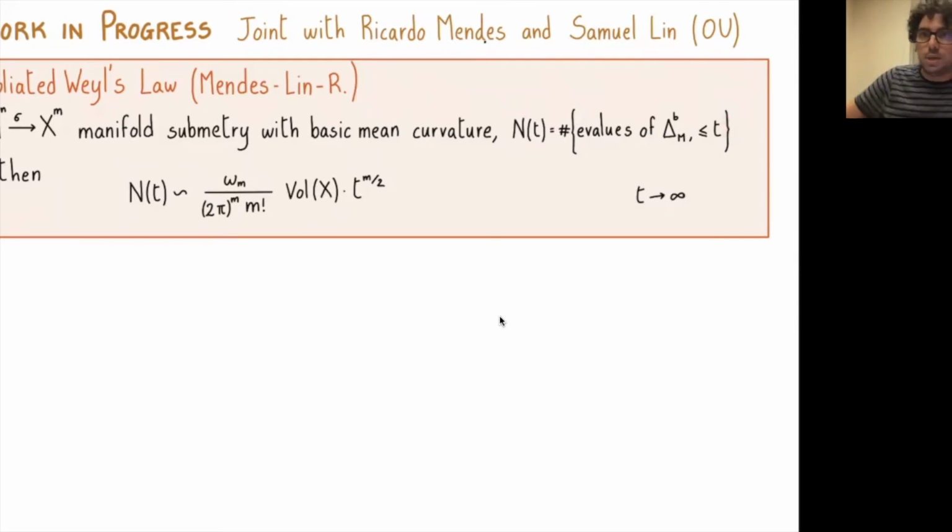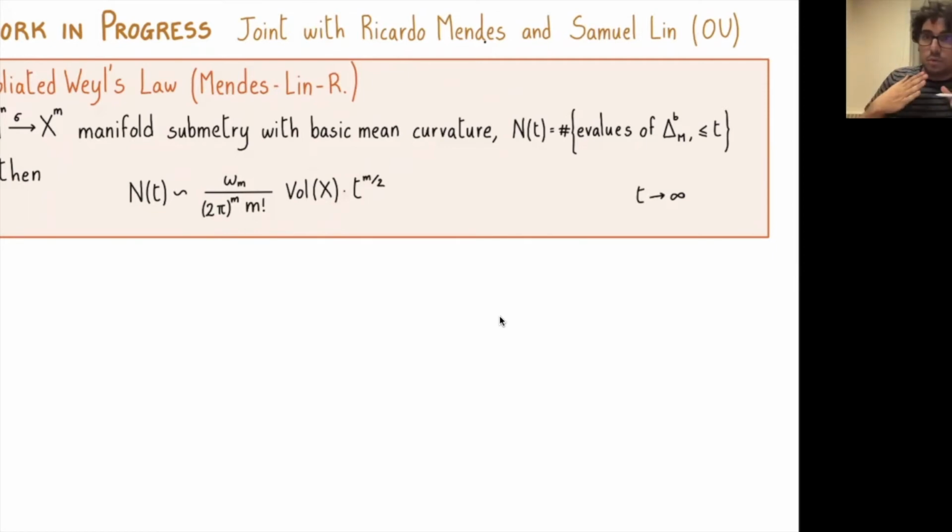The behavior is the same as the usual Weyl law, where this function just behaves like a power of t, and the exponent is half of the dimension of the base, and the coefficient is essentially a universal constant times the volume of X.